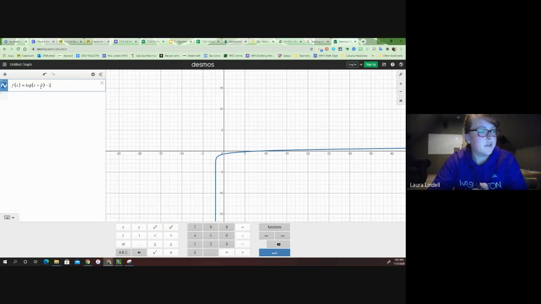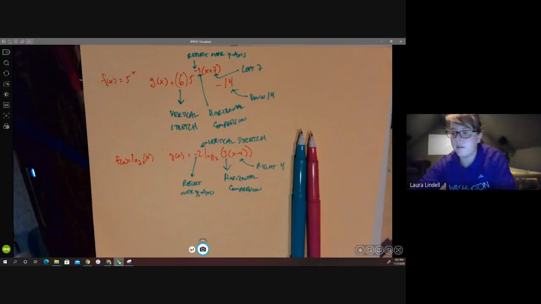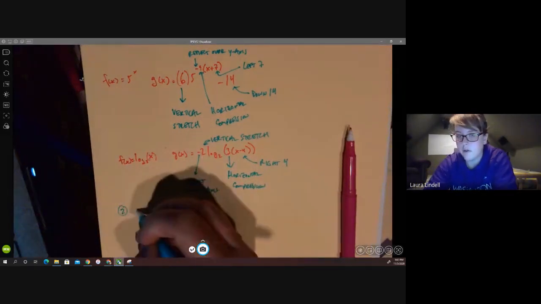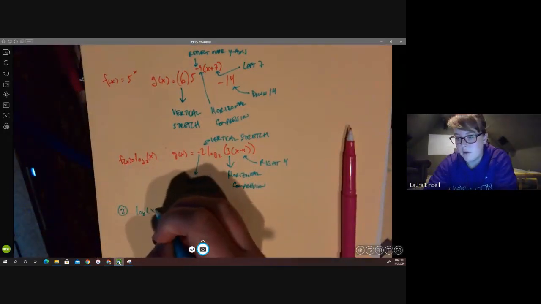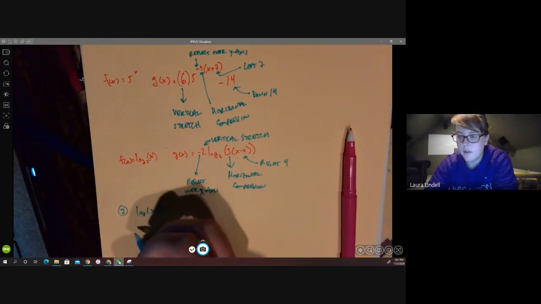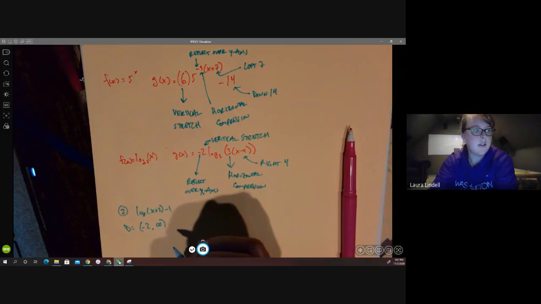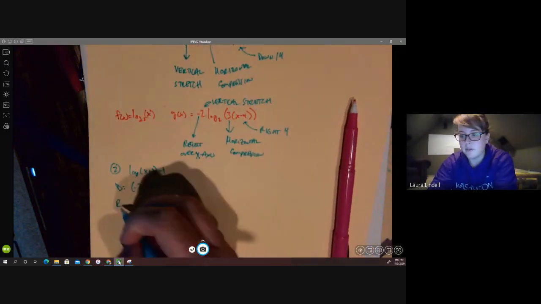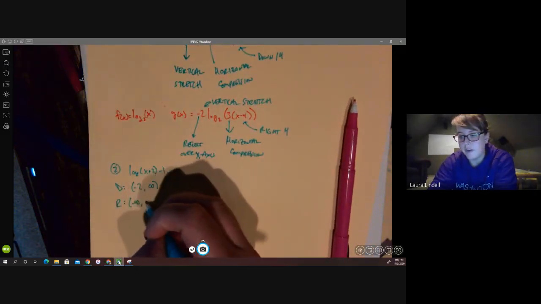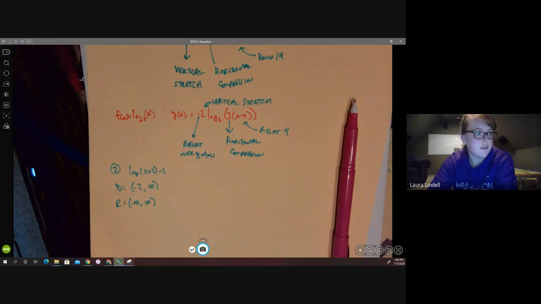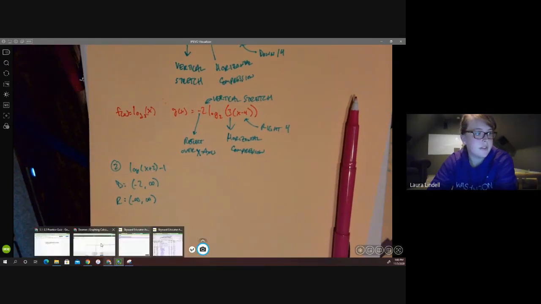Since it's been moved left 2, our domain for this function is going to be -2 to positive infinity. So we would write our answer -2 to infinity. And then the range, -infinity to infinity, since there's nothing excluded from the range in this.